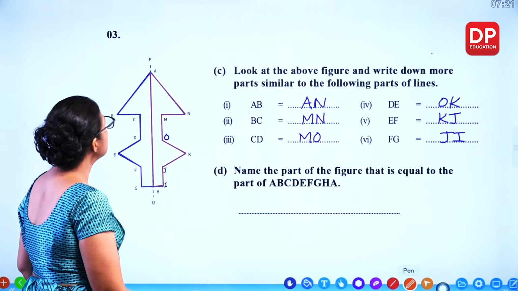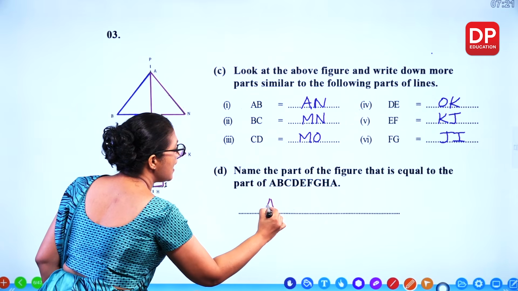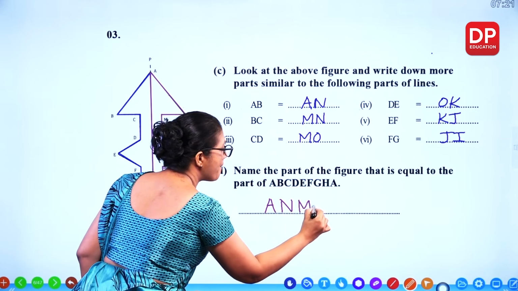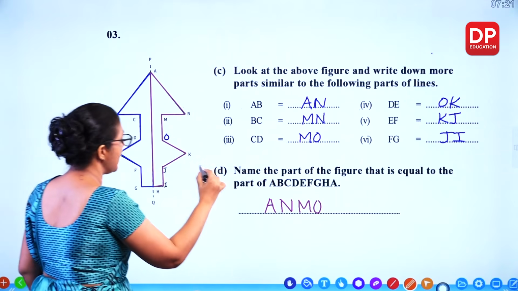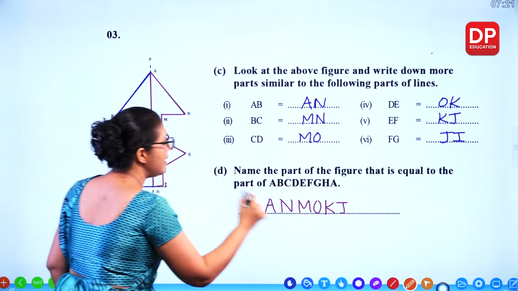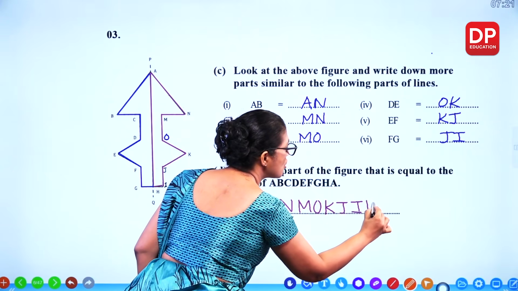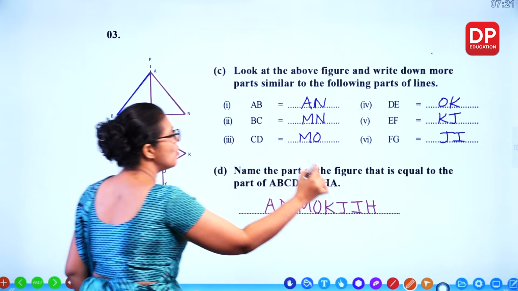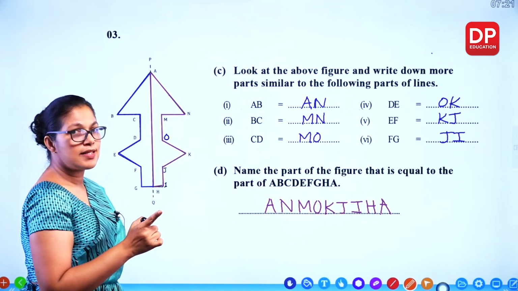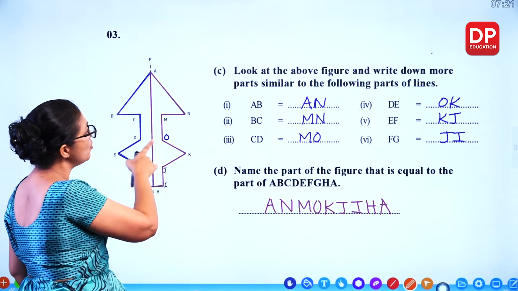So what are the letters we can write? A, N, M, O, K, J, I, H, again back to A. So that's the part same as the other side.